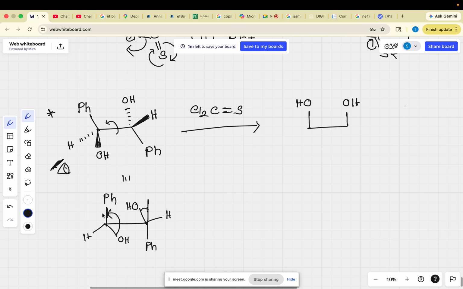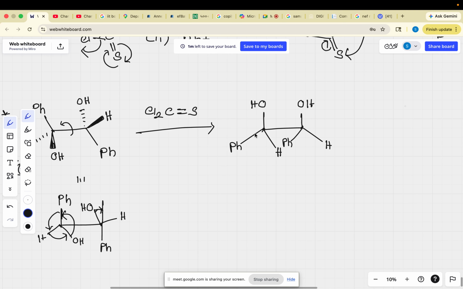When I am rotating like this, that means phenyl is going here, hydrogen is coming here. So I can show it like this. And if you rotate like this in clockwise direction, nothing is changing. Hydrogen will be on the right hand side, phenyl will be on the left hand side. Right? Clear?